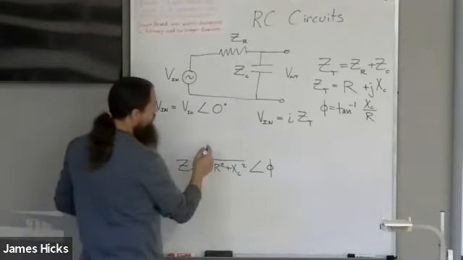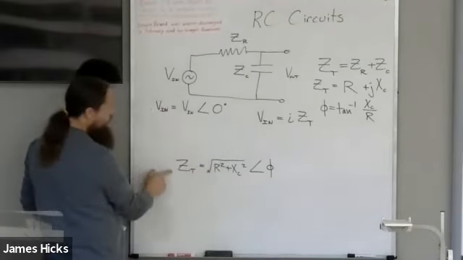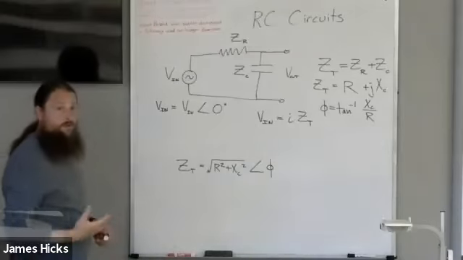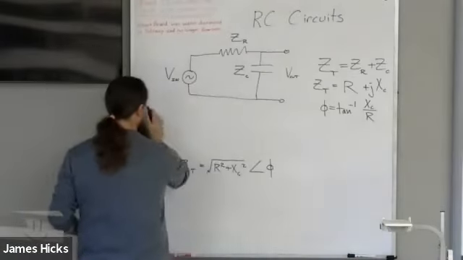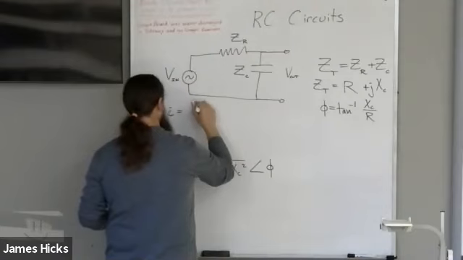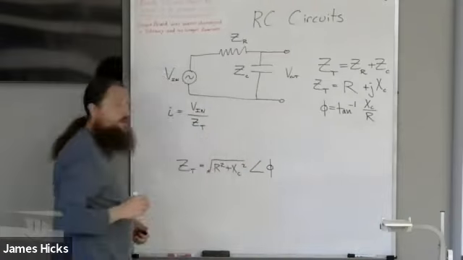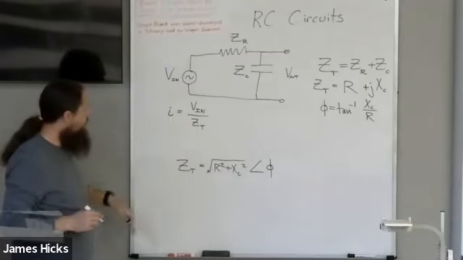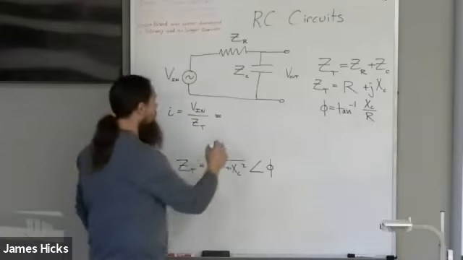But I can put this equation and this equation together. So basically what I want to do is current is the input voltage over the total impedance. Put this in phasor notation.